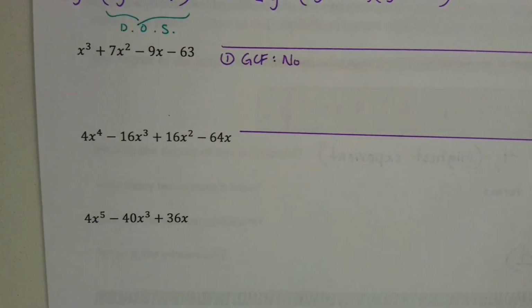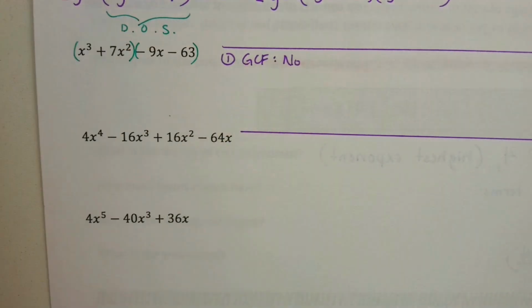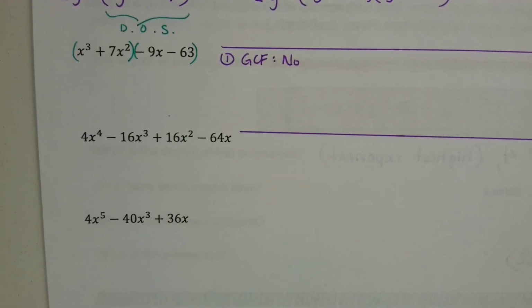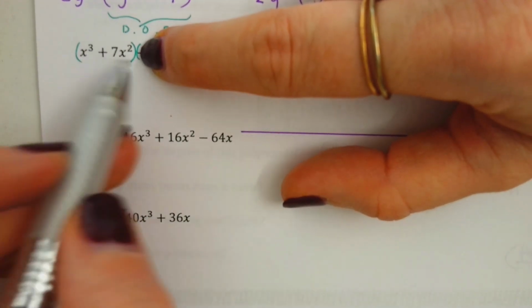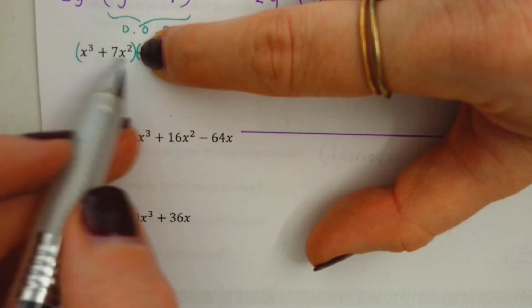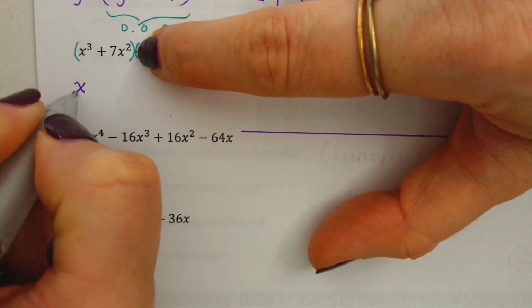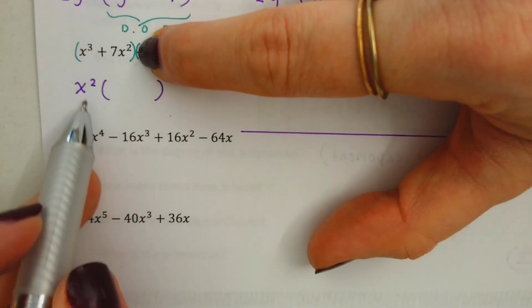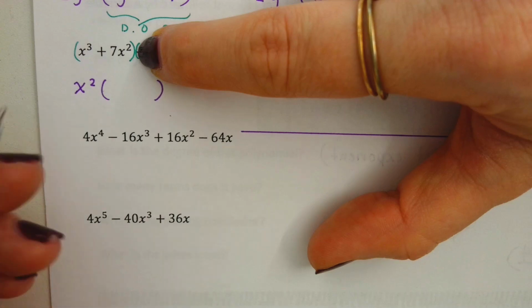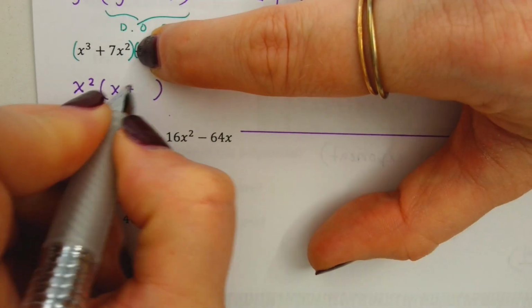Group the first 2, group the back 2. Looking for the little baby GCF of this first group. What is it? X squared, right. And then we're going to divide both by x squared. X cubed divided by x squared becomes x. 7x squared divided by x squared becomes a 7.